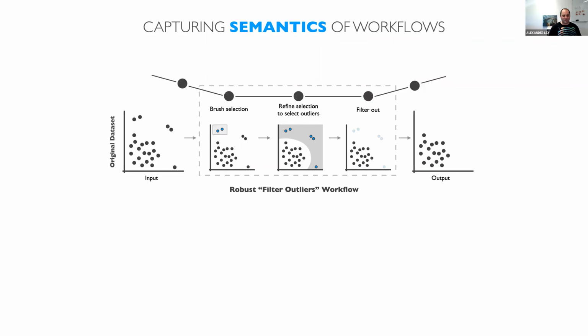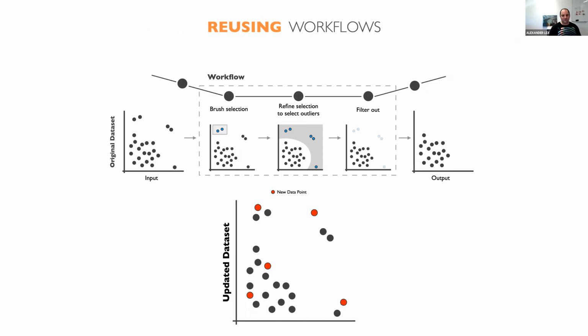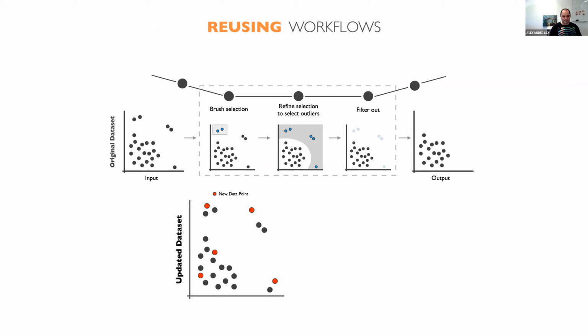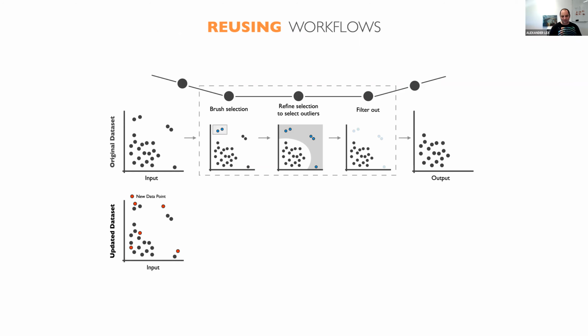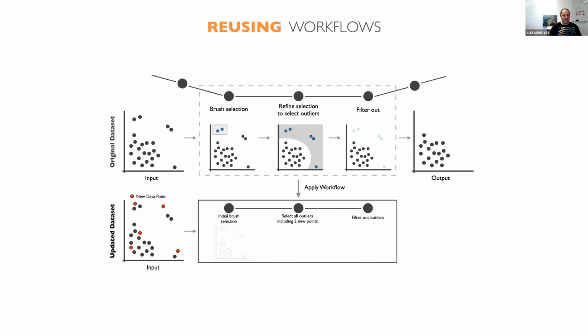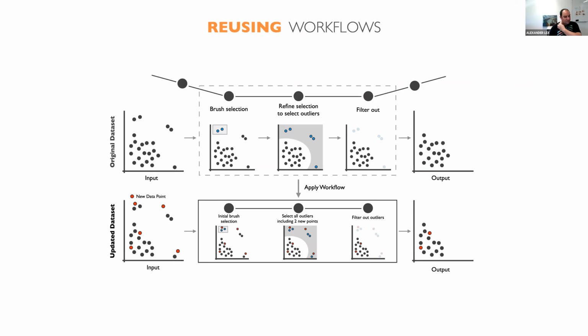So if we had this other data set with new data points, both in the non-outlier and in the outlier space, we could simply reapply this workflow. We would have our initial brush, the selection of outliers, and then filtering out the outliers. And this would successfully apply our interactive workflow to this updated data set.